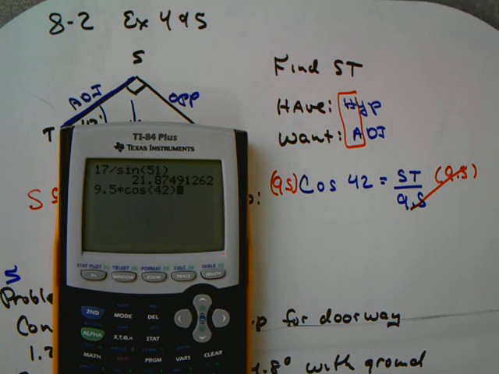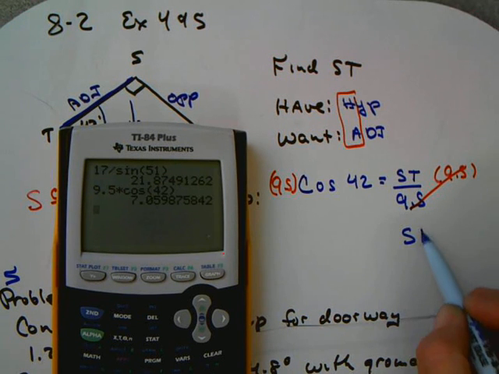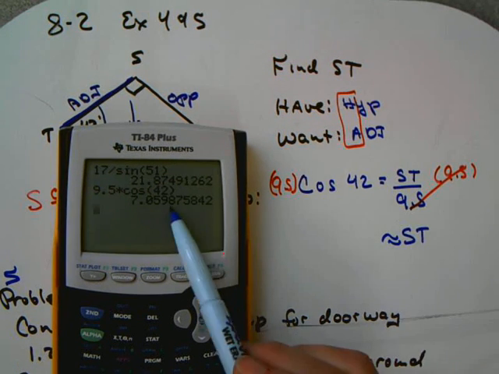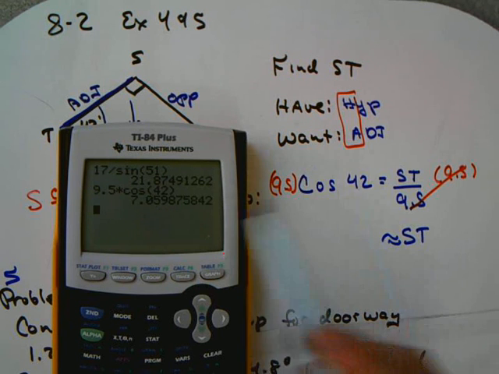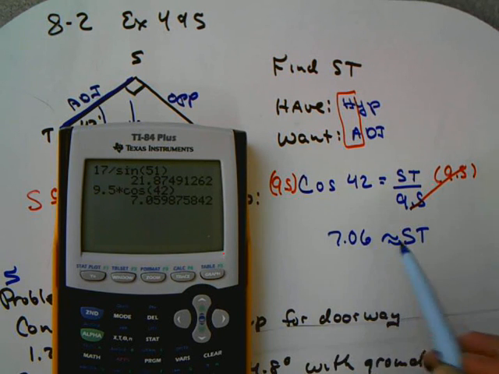Make sure you're in degree mode. Press enter, and I know that ST is approximately equal to, rounding to the hundredths place, 7.06. So there's my answer.